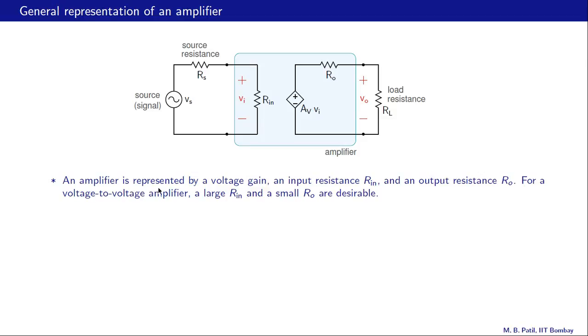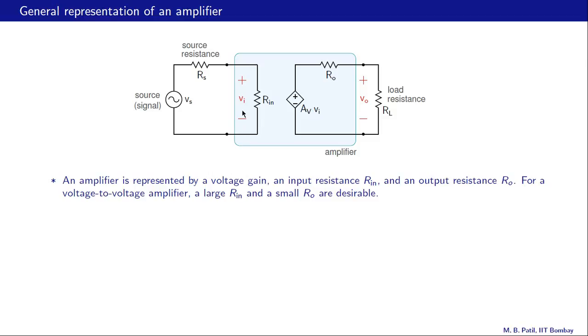So the amplifier is represented by a voltage gain AV over here, and this subscript V stands for voltage. It's a voltage to voltage amplifier. An input resistance Rin as shown here, and an output resistance Ro, that one.